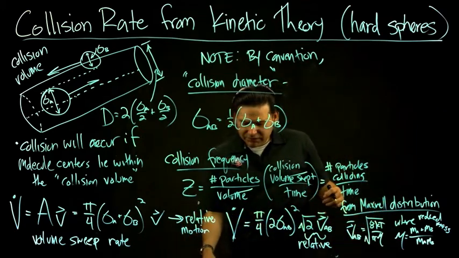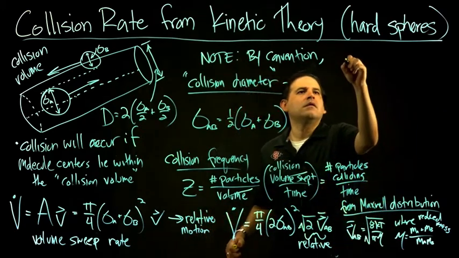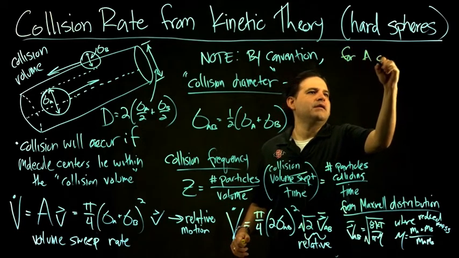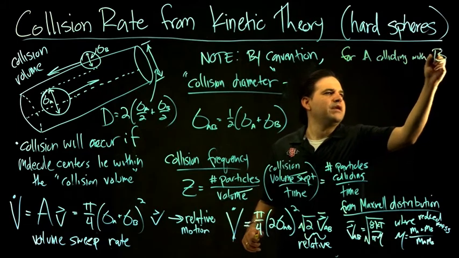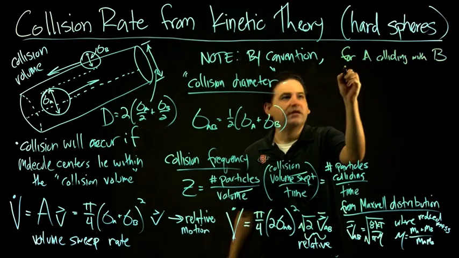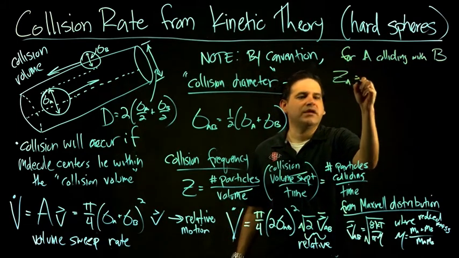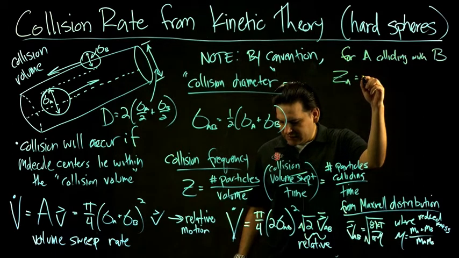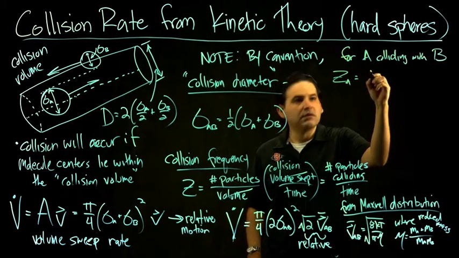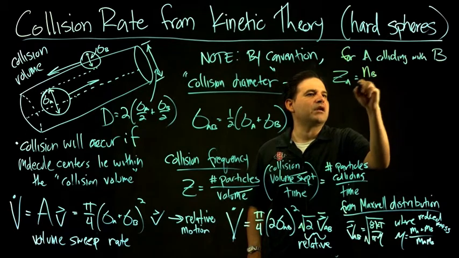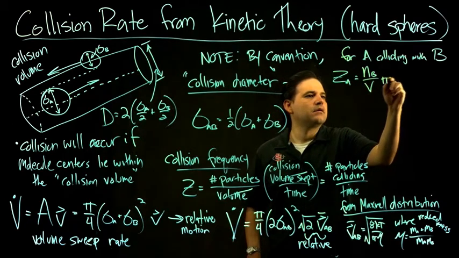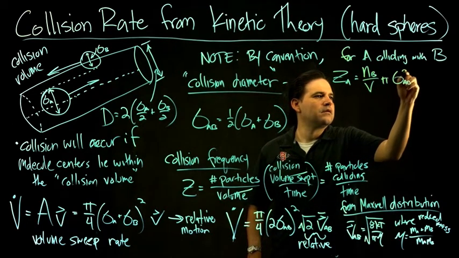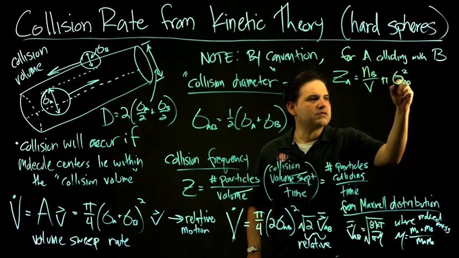So when we put this together, for A colliding with B, you can get an expression of this collision rate like this. If you're talking about A colliding with B, that depends on the number density of B. The sigma here.